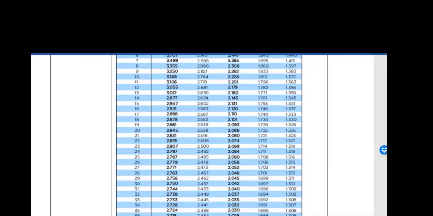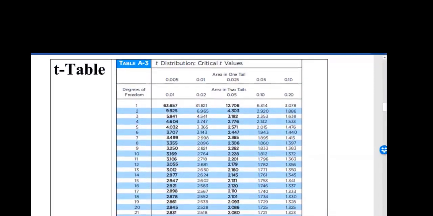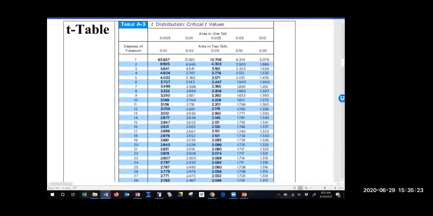And so just going back up there, just after the first column, the second, the third, the fourth. Look at the top of the fourth column. Area in one tail is 0.025. And in two tails is 0.05.